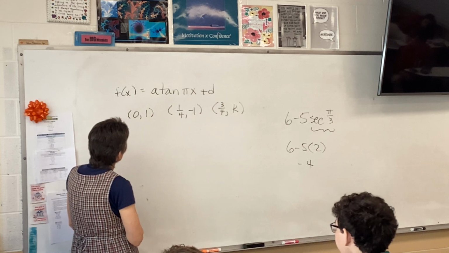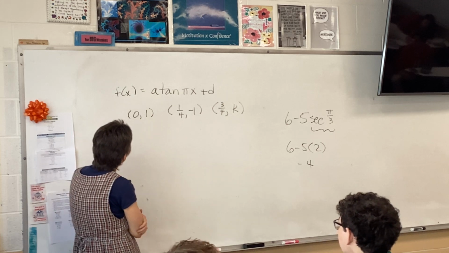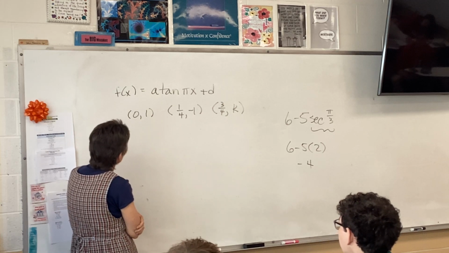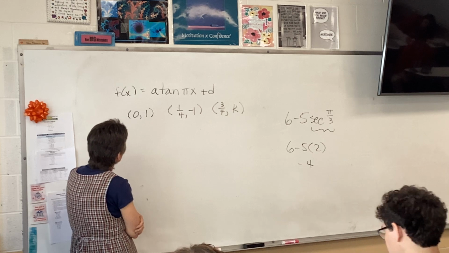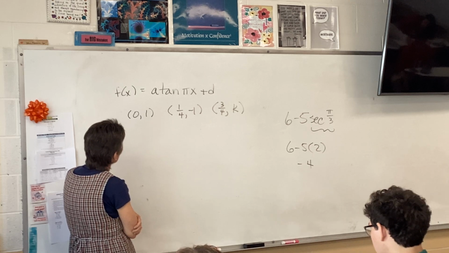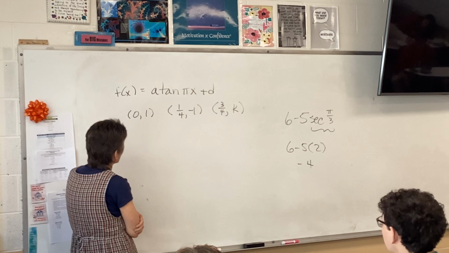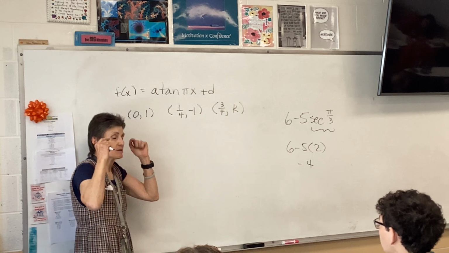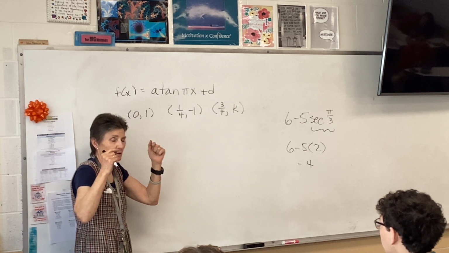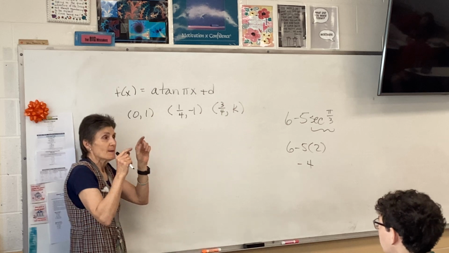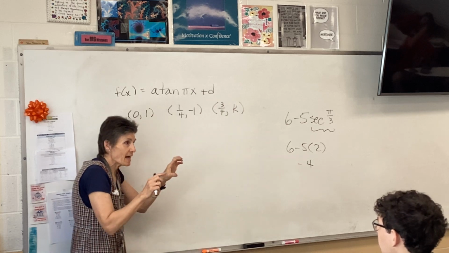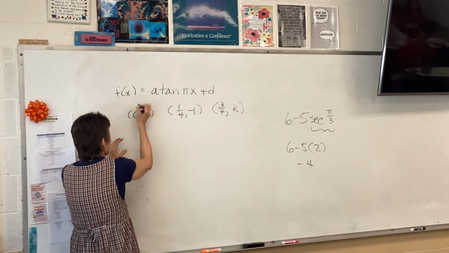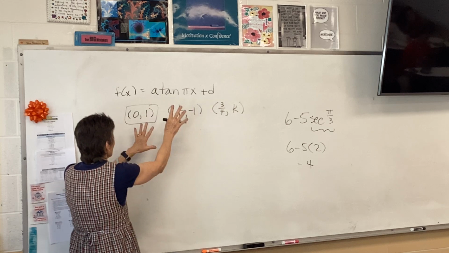So normally when you plug in 0 for x, it is at the point 0, 0, but the y is 1 there, so d has to equal 1. Okay, so he is so very logical. That is absolutely great. If you got lost in that, just take this point and plug it in.